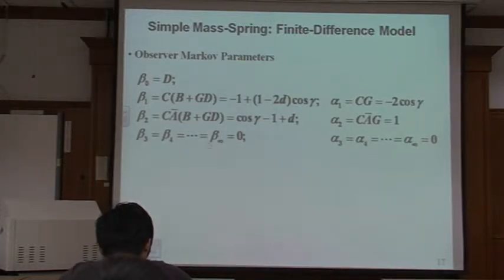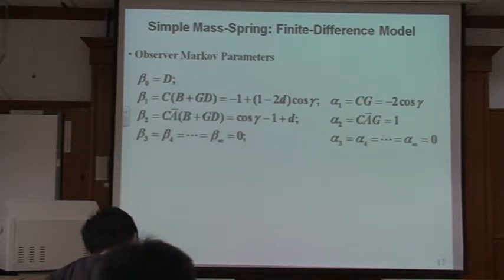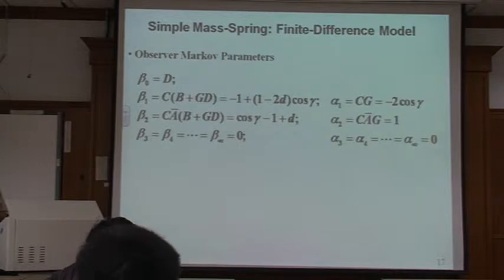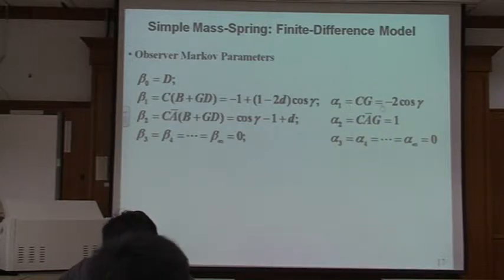Beta 3, beta 4, and so on to beta infinity are all 0 because A bar squared is 0. So you don't have any values, because beta 3 will equal C A bar squared, and because that is 0, it is 0. The same thing for alpha 1, alpha 2, and these are the formulations.